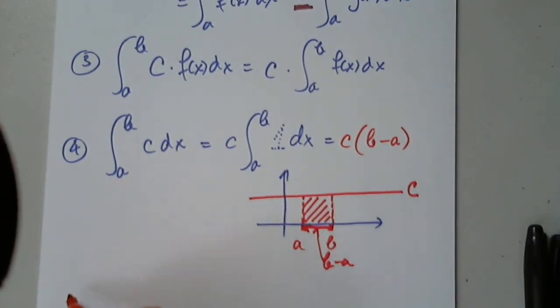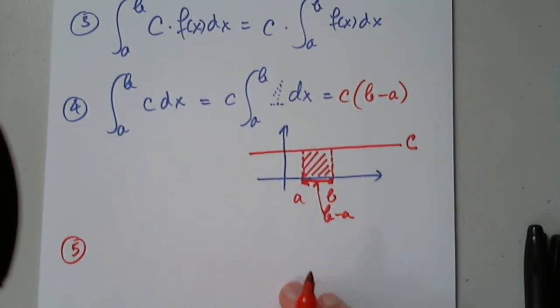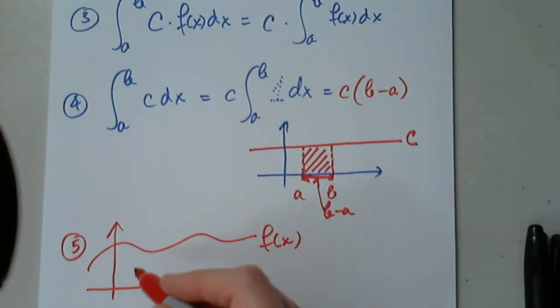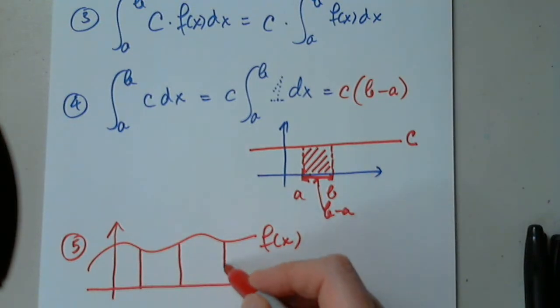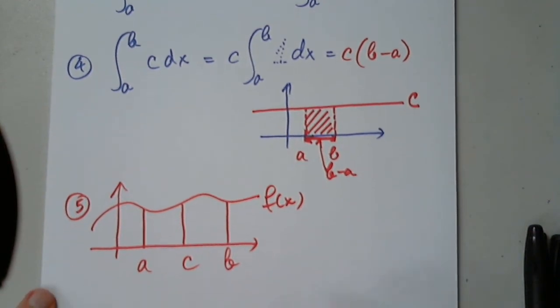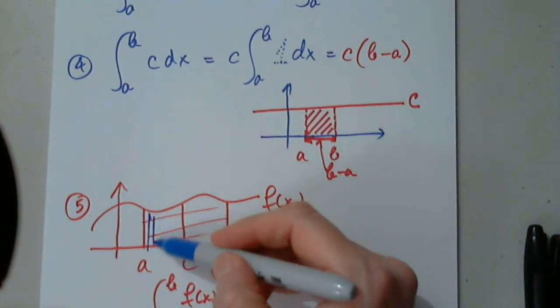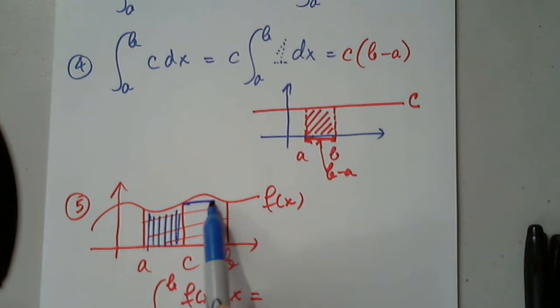Okay, another property. Let's take a look at this function now. I want to determine the integral from a to b of f of x dx, which is this area. But I can determine it by adding this area to this area.